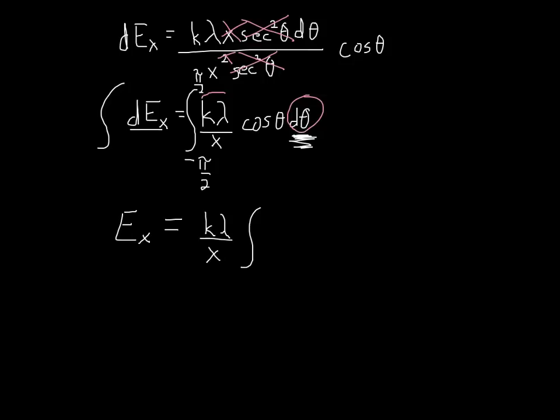And then I integrate from negative pi over 2 to pi over 2 of cosine of theta times d theta. I take the integral of the cosine, and that leaves me with sine.